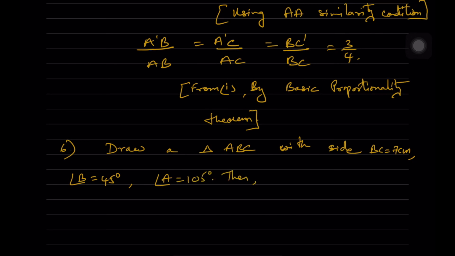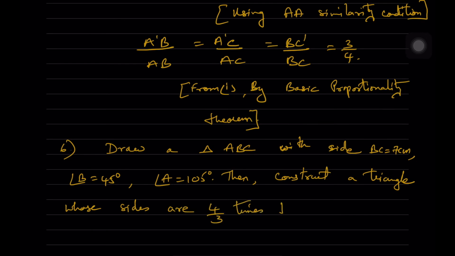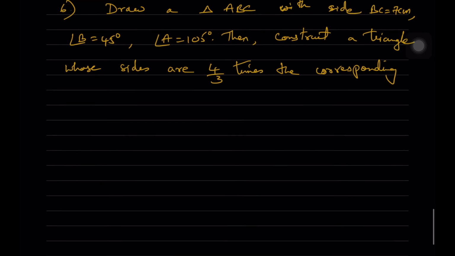Then construct a triangle whose sides are 4 by 3 times the corresponding sides of triangle ABC.